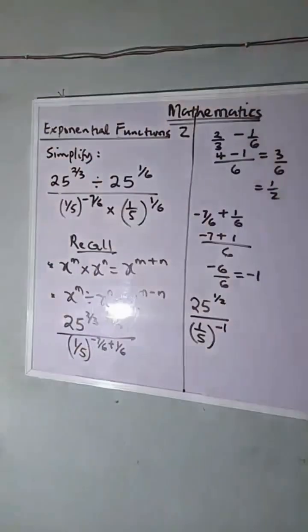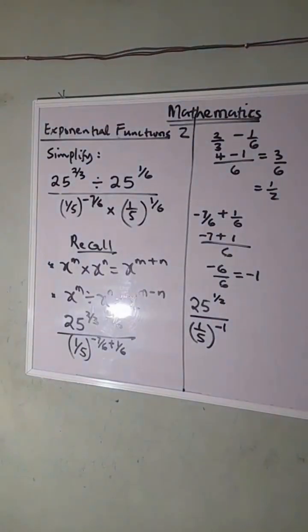You can see for yourself that the power of 25 is a half, and that half simply means square root of 25. The square root of 25 is 5. Or 25 can be written as 5 raised to the power 2, multiplied by half, which will still give us 5.